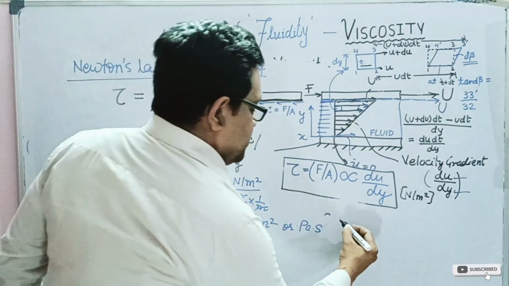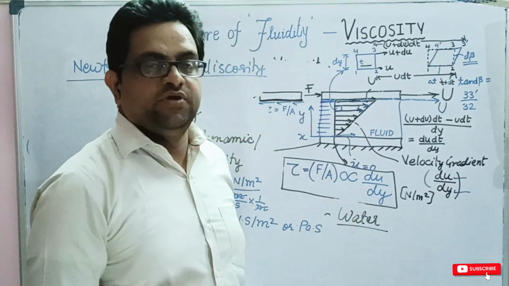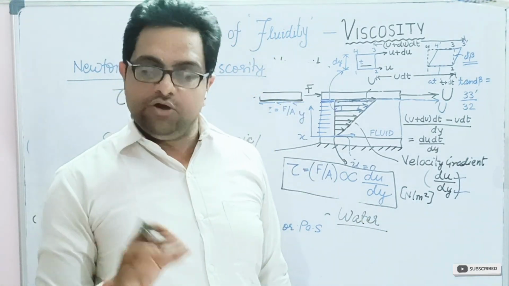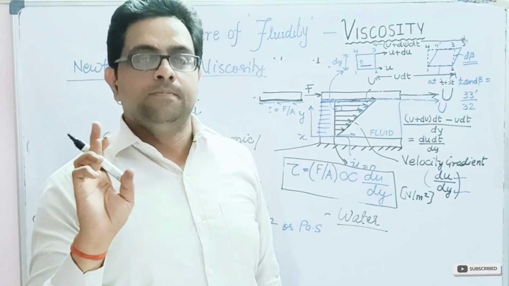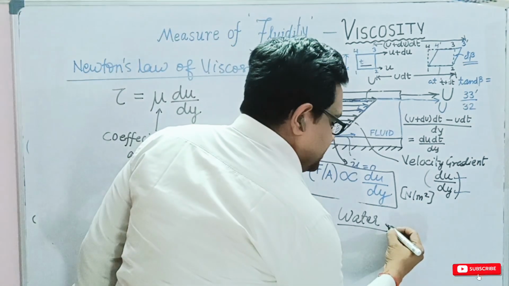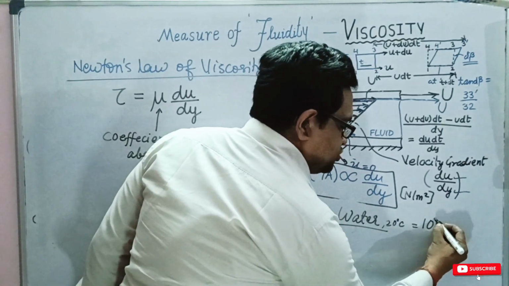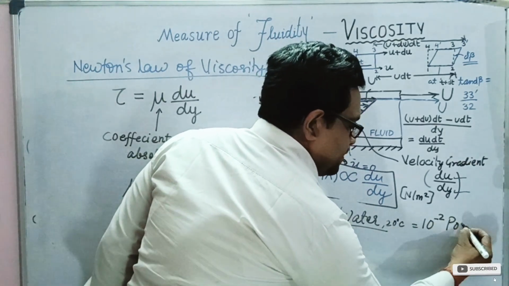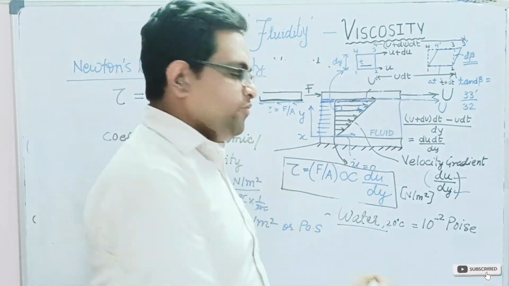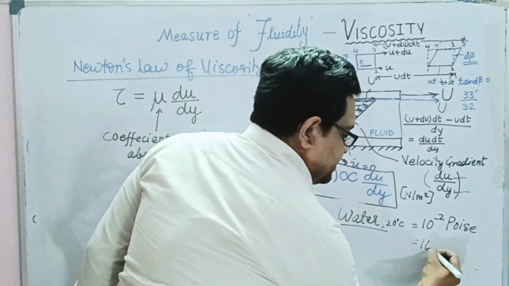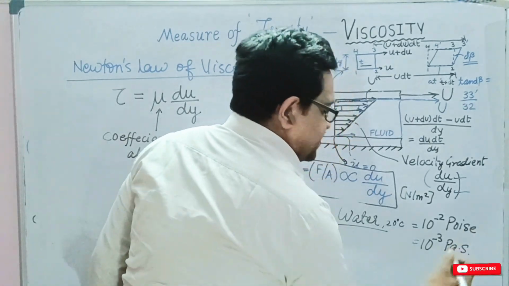For water, in terms of poise, we have the viscosity of water at 20 degrees Celsius equal to 10 raised to the power minus 2 poise, or in terms of SI unit, it is equal to 10 raised to the power minus 3 Pascal second.